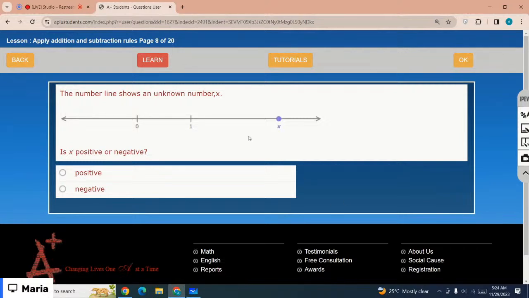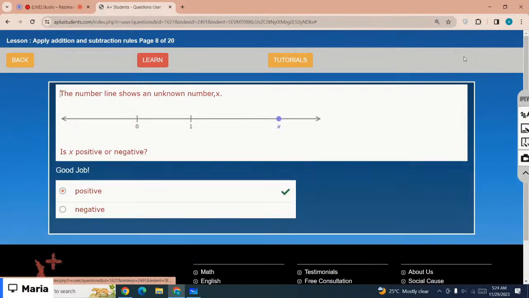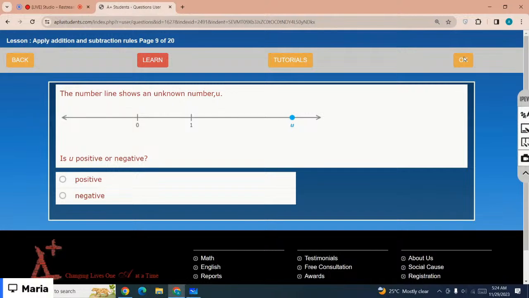Yes, x is a positive number. Okay. The number line shows an unknown number u. Is u positive or negative? Which is the correct option?